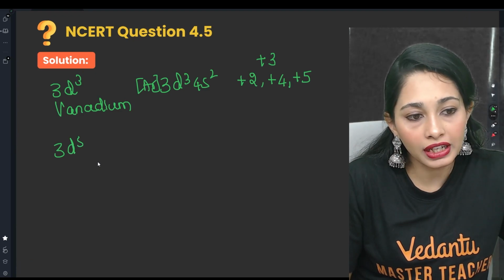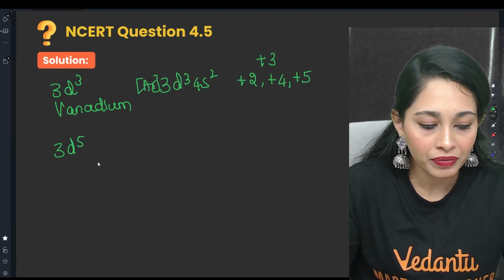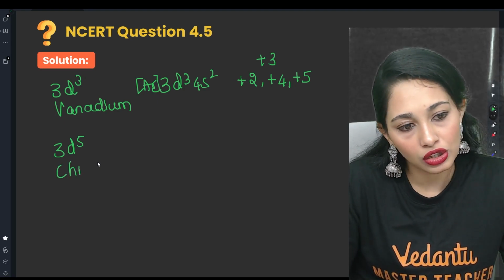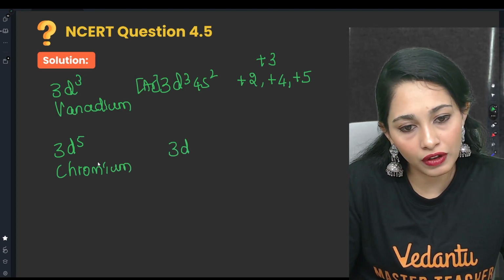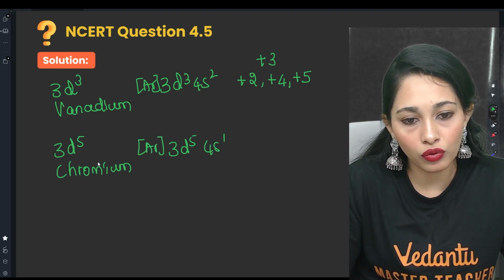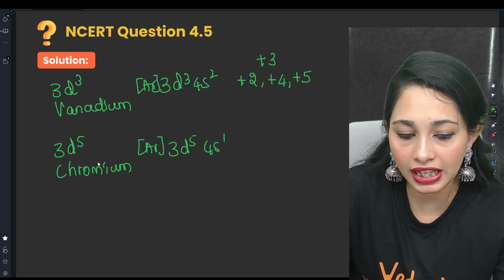Whose electronic configuration is it? It can be chromium. So it has 3d5 4s1. Argon 3d5 4s1.